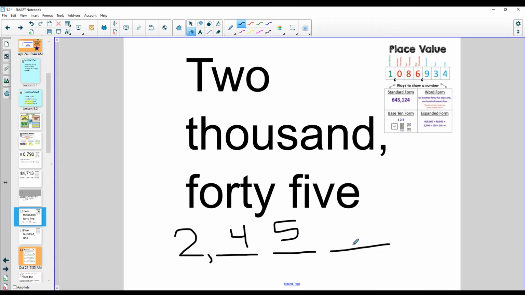This looks like not enough numbers. This would give me 245. That's not right. What would I have to do, third graders, to make this right? Yes, I have to add a 0 here. 2,045. Place value matters even when it's a 0. A 0 holds the place value.